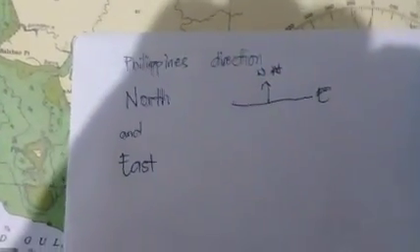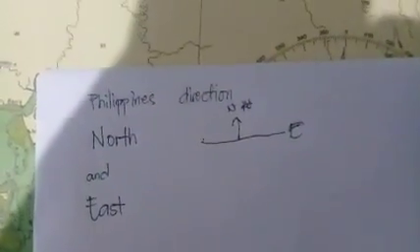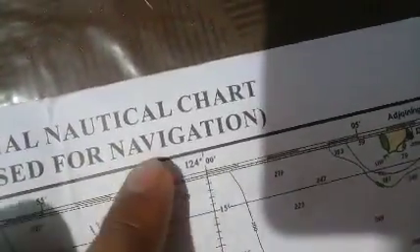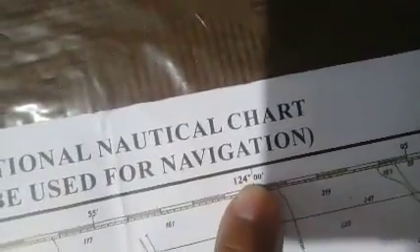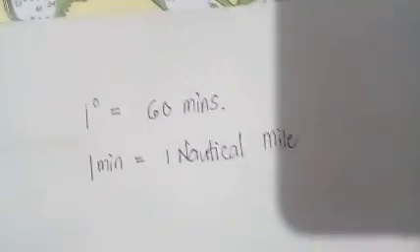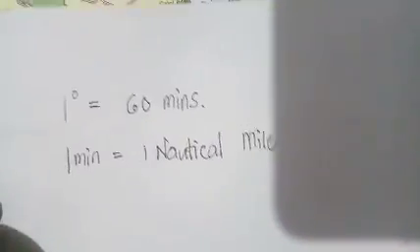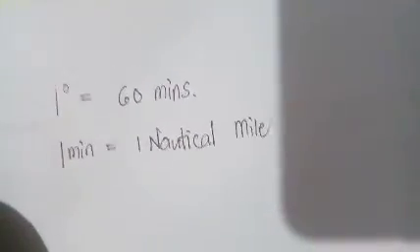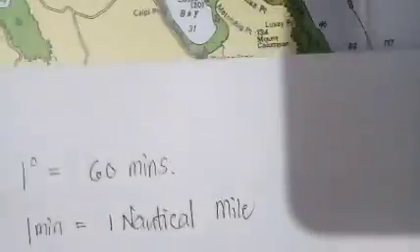Okay, regarding the longitude, the same scale we have is by twos. Here we have 124 degrees. It is the same: 1 degree equals 60 minutes, and 1 minute equals 1 nautical mile for the distances that will be taken from this nautical chart.